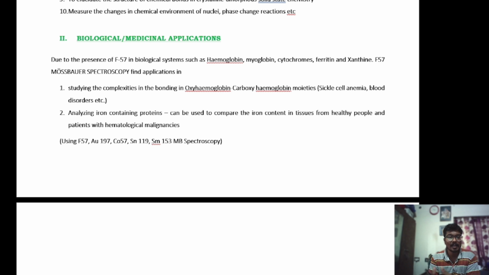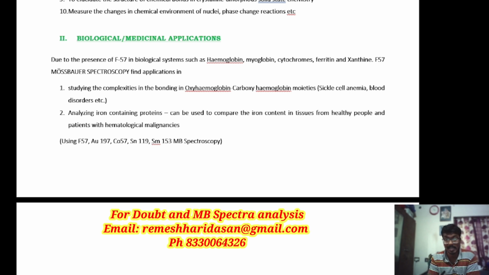This is because there are a lot of biological systems which contain iron, and many of the complexes involve the central metal ion. So due to the presence of iron 57, sorry, I missed the E there, Fe57 in biological systems such as hemoglobin, myoglobin, cytochromes, ferritin, xanthine, Fe57 MÖSSBAUER spectroscopy finds applications in studying the complexities in bonding in oxyhemoglobin and carboxyhemoglobin, CO2.